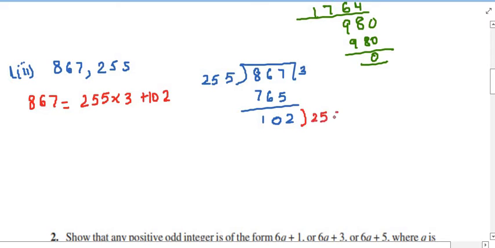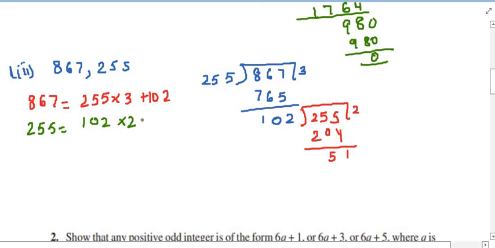255 is the dividend now. 102 times 2 is 204. Subtract, and the remainder is 51. So we can say 255 is equal to 102 times 2 plus 51.